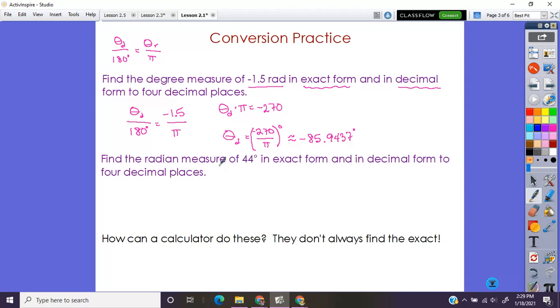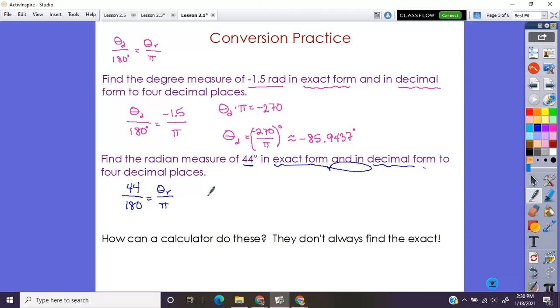I'm given the degree measure, and I need to find the radian measure. So I'm coming up here again, and I'm going to put this into the degree. So I've got 44 degrees over 180 degrees equals my theta in radians over pi. I want my exact form and the decimal form. Sorry, my tablet's having some issues.